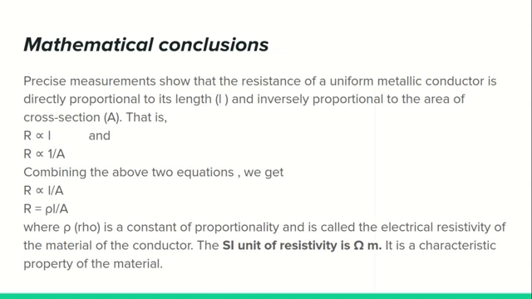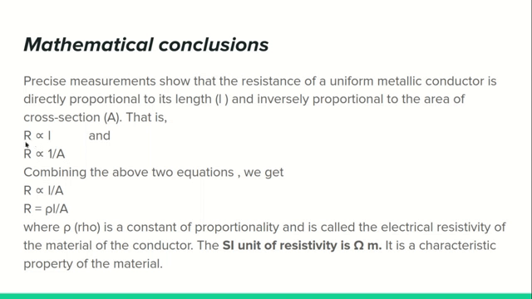Now, we are finding out the mathematical conclusions on what we told till now. We are saying that the resistance of the wire is directly proportional to the length. That is, if you are increasing the length, the resistance is increased.